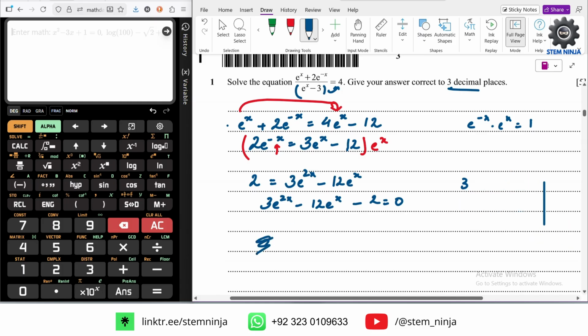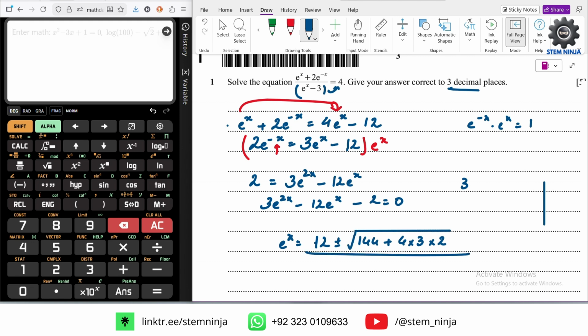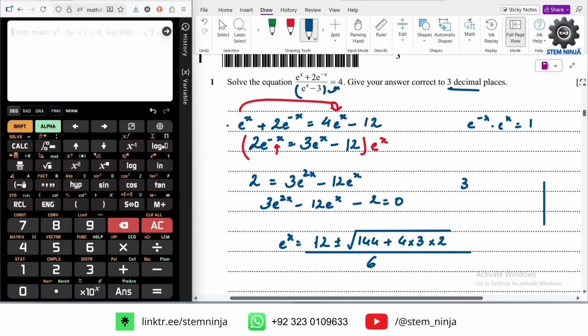Right, so e^x would be minus b, 12, plus or minus the square root of b squared minus 4ac, 4 times 3 times minus 2, divided by 2 times 3, 6. Alright, so let's figure this out.